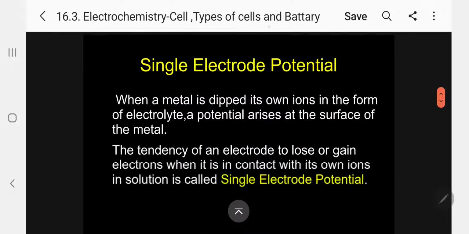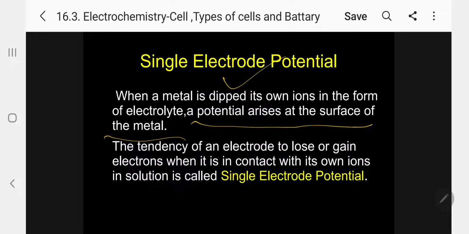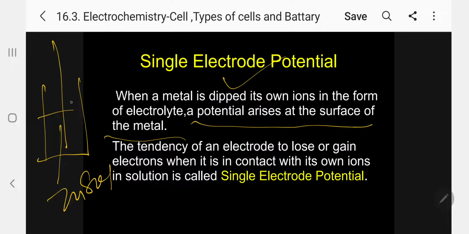Kindly follow. So let me come to single electrode potential. When a metal is dipped in its own ions in the form of an electrolyte, a potential arises at the surface of the metal. I told you, you take now zinc sulfate solution. This is a zinc rod. So inside there will be zinc 2 plus ions. In the layer, the rod and ions are in contact.